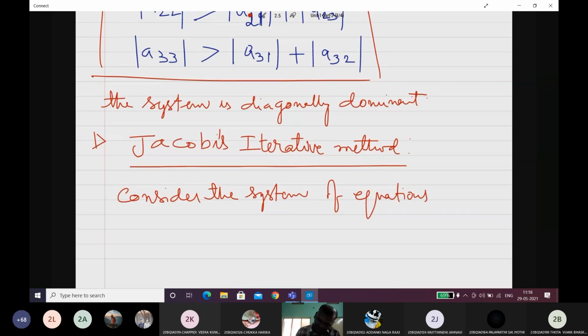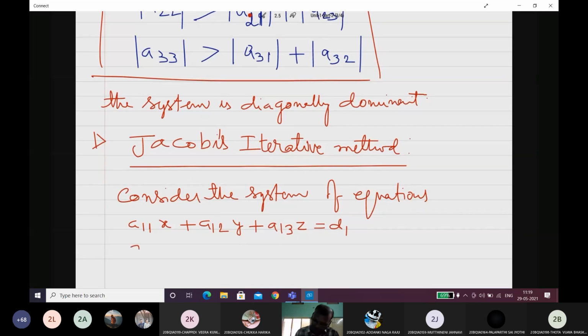That is A11x plus A12y plus A13z is equal to D1.